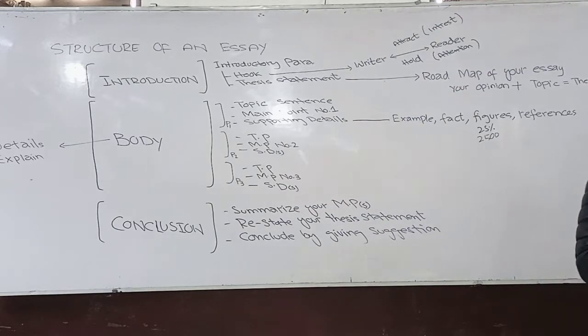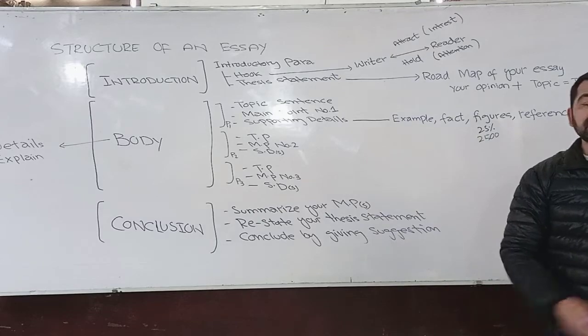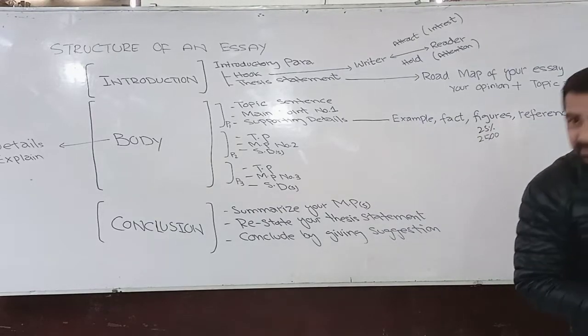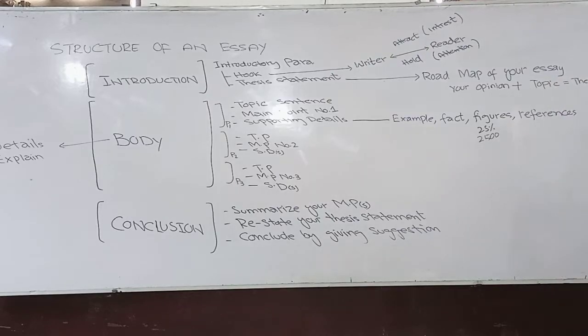For example, as I mentioned, in the history of Pakistan, Imran Khan has been an exemplary prime minister, right? So I need to back it up. So I could make use of references.